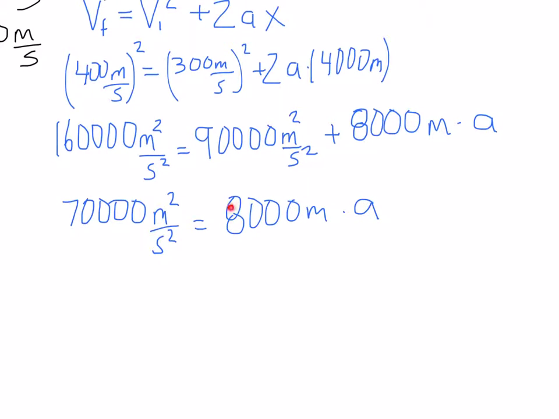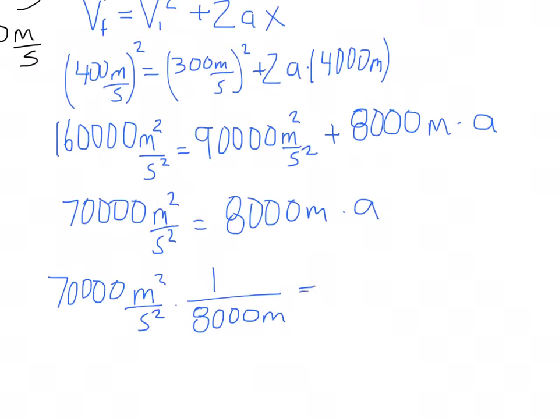So now I'm going to take this 8,000 and divide it over here. So when I divide, I'm actually going to multiply by the reciprocal. So watch this. I get 70,000 meters squared over second squared times 1 over 8,000 meters is equal to A.